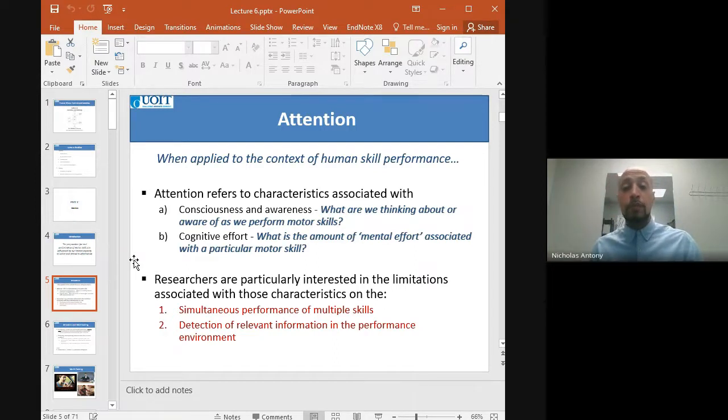Or in that Ronaldo soccer video from 2 lectures ago, Ronaldo was able to strike the ball when the lights were turned off, whereas the amateur was not able to. Ronaldo was able to pick out from the environment what was required to complete the skill much quicker. So researchers have also looked at whether there are differences in what people attend to, in this case visually, as they're improving in a motor skill.